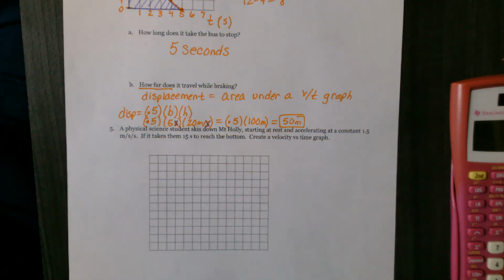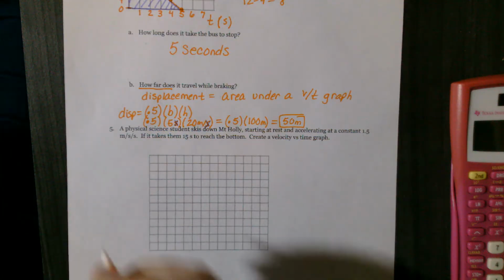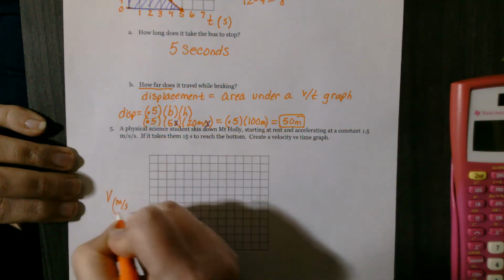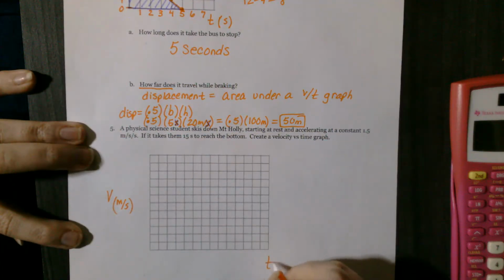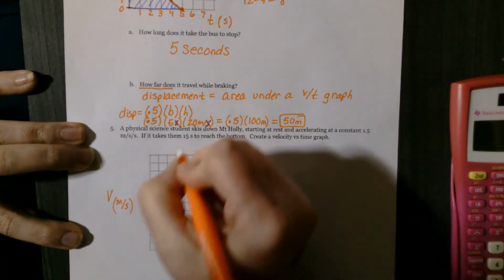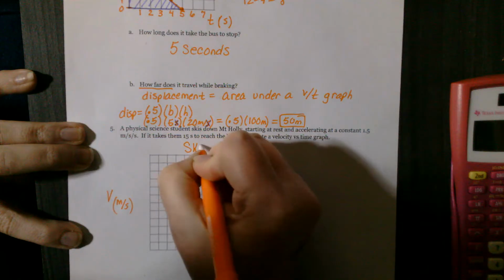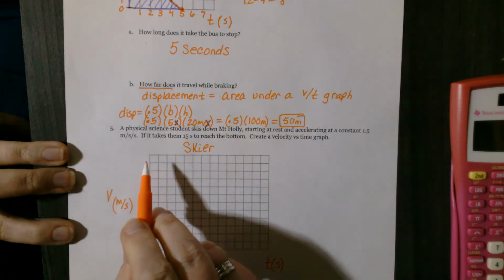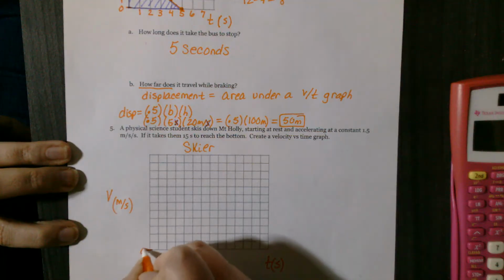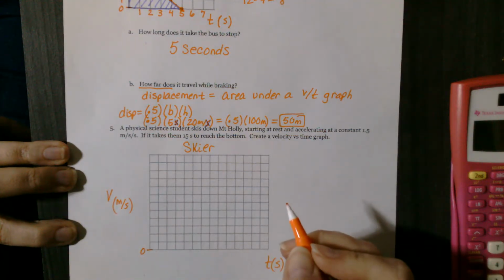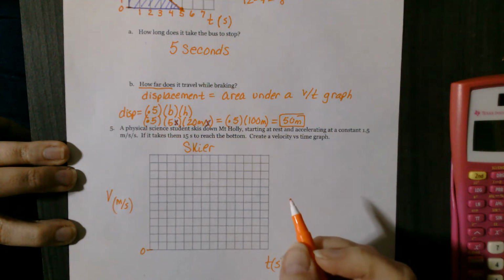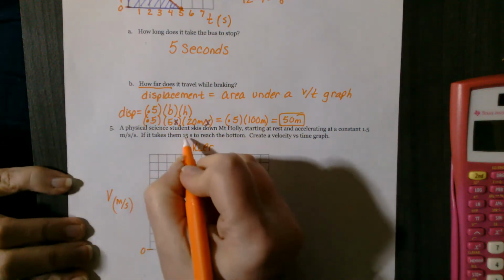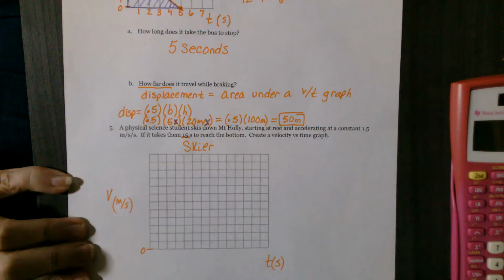So we need to create a velocity in meters per second, time in seconds, and I'm just going to title this one Skier. Mount Holly, starting at rest, we know they start at 0, and they go 1.5 meters per second every second. And we know we have to go up to 15.